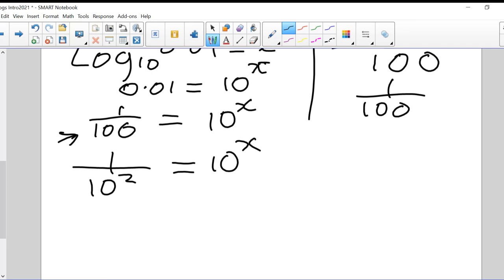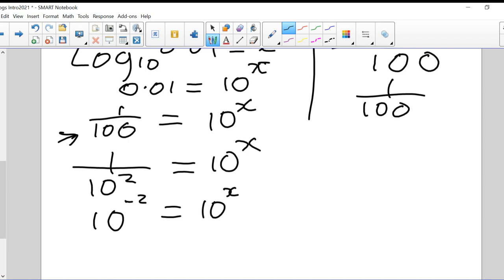Can you tell me another way I can express 1 over 10 squared where I don't have it as a denominator? 10 to the power of what would be the same thing as 1 over 10 to the power of 2? So instead, 10 to the minus 2. Okay, so we took the original question, which was 0.01, and made it into 10 to the minus 2.